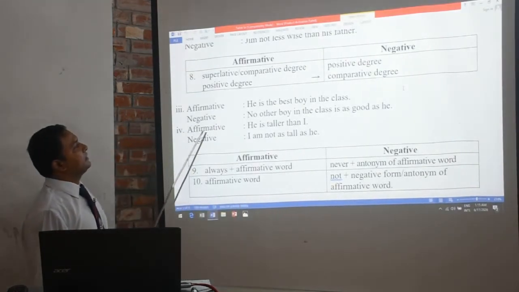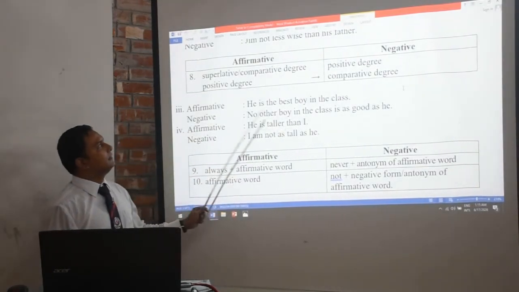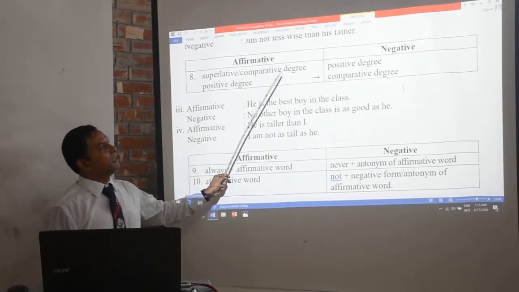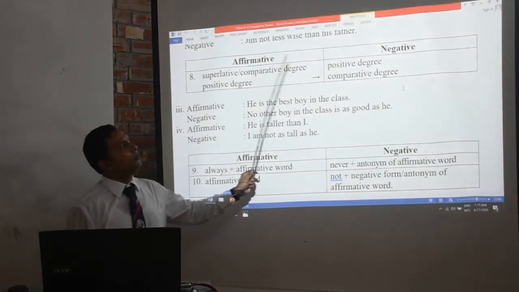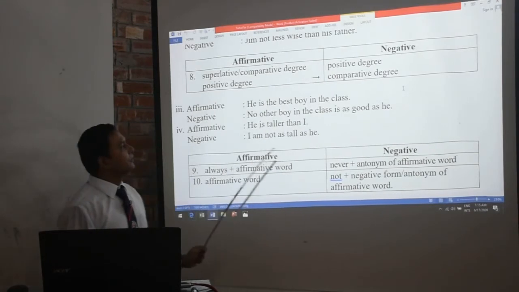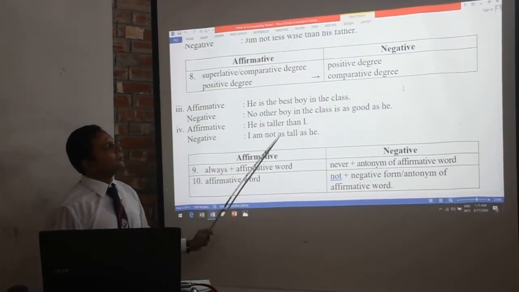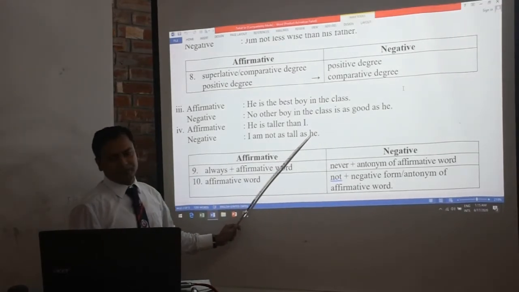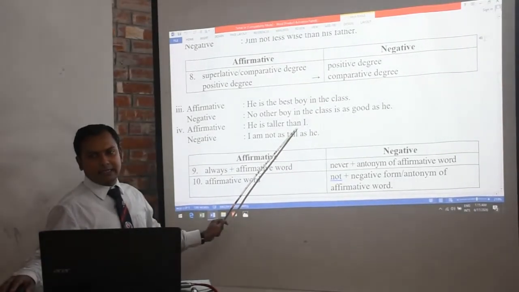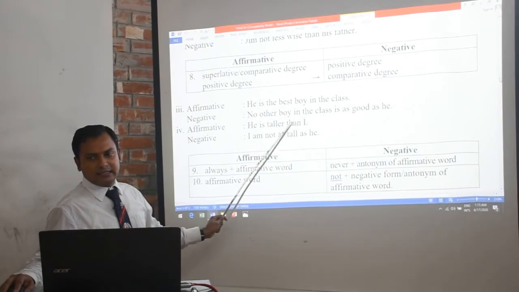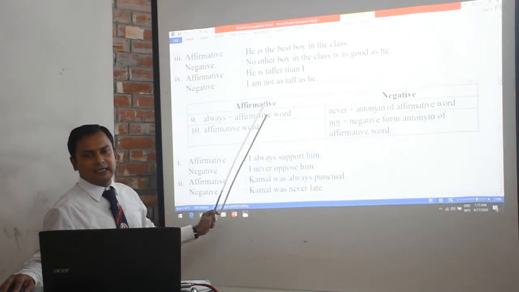In the next sentence, He is taller than I. This is a comparative degree, and the negative form will be a positive degree. So the positive form of this sentence is: I am not as tall as he. I told you earlier that I will make you clear regarding this change of degree in the next class.